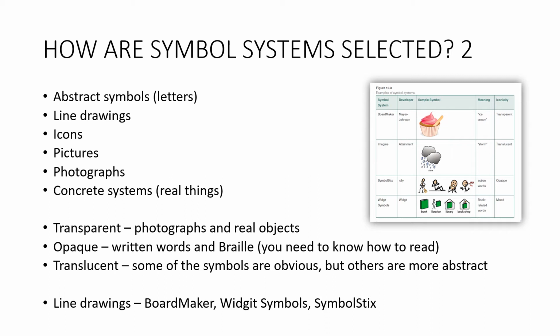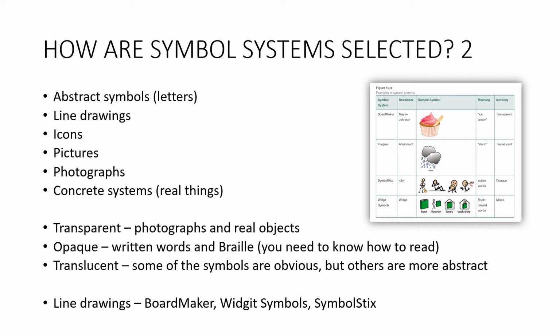So basically you can see exactly what it is. There's opaque. Opaque means it's not necessarily very clear, it's hard to see through, which are basically written words and Braille. And it's hard to see because you need to know how to read if you're going to use words. If the person doesn't know how to read, these words mean nothing to them, right? So that's why it's called opaque. And then there's that middle area called translucent. Translucent is kind of see-through, but not sure.